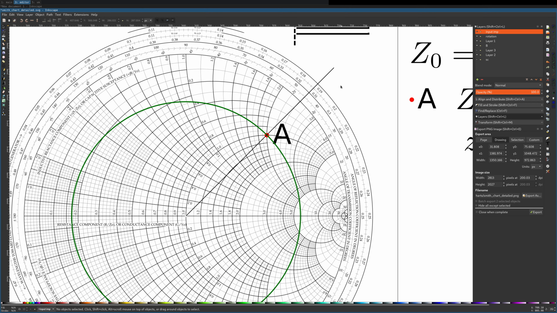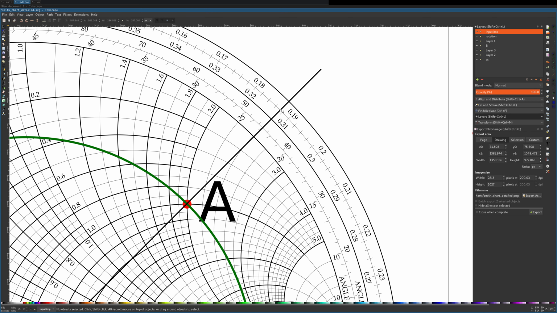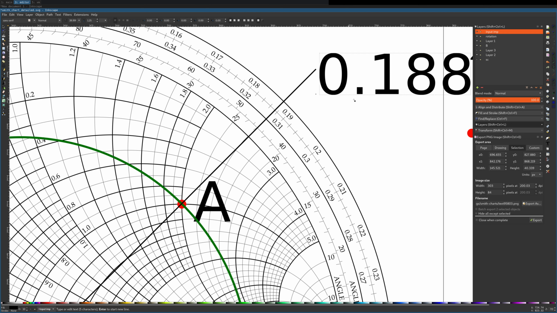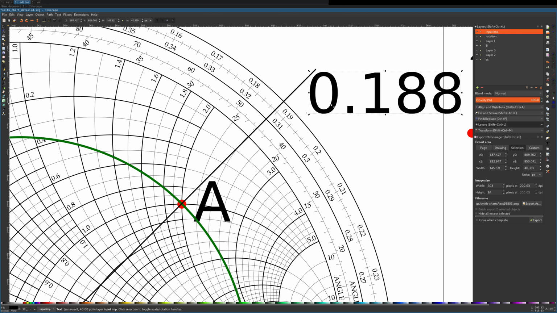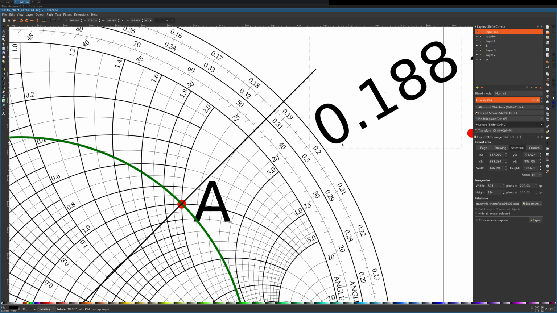And I'll take note of the value at the outer ring. So here it's 0.182, 0.184, 0.186, close enough to 0.188. I'll just say it's 0.188. So bear in mind that this is in terms of lambda, but I didn't type lambda out.